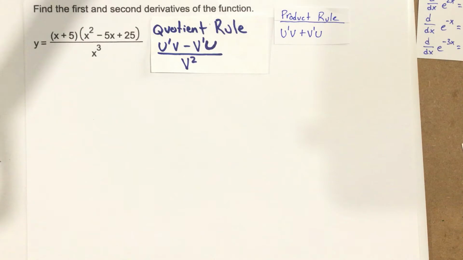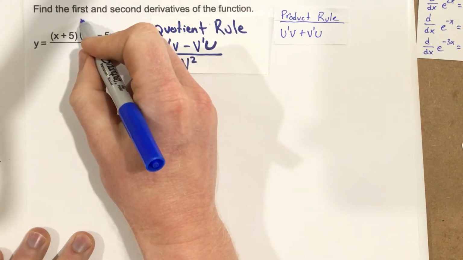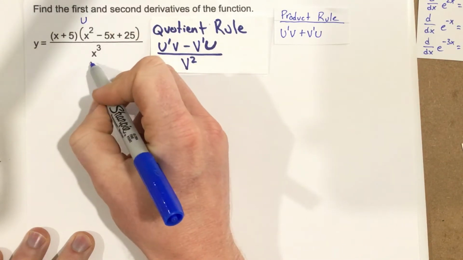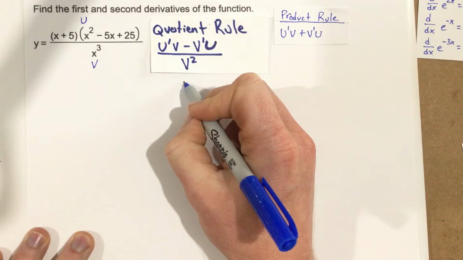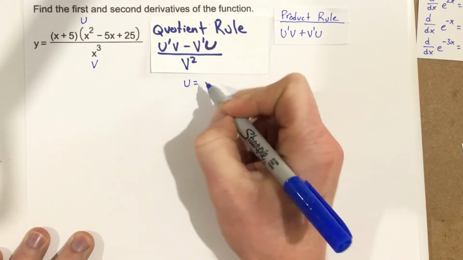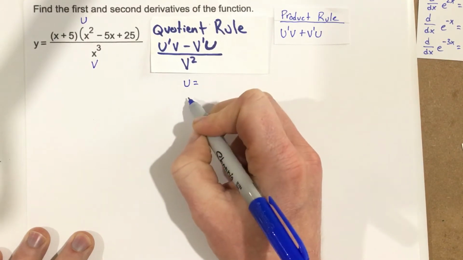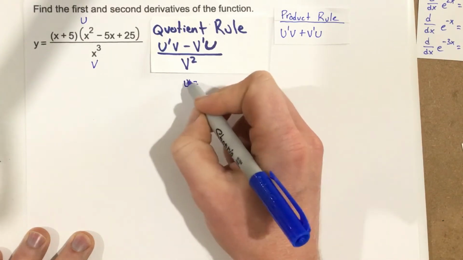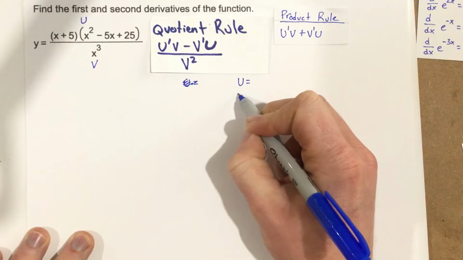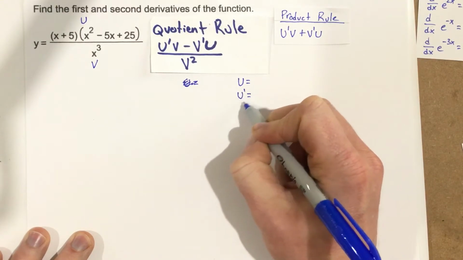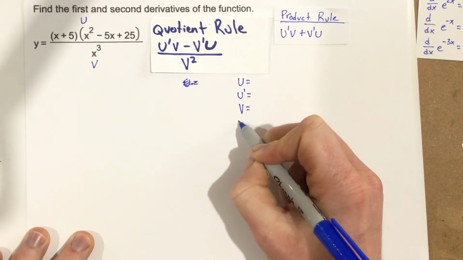Let's go ahead and mark this up. We're going to say the top function here is u, the bottom is v. I'm actually going to write this over here a little farther: u, u prime, v, v prime.